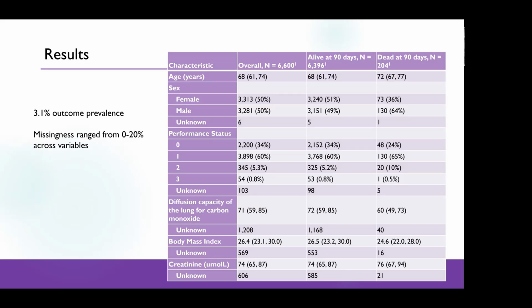We had 6,600 participants, with an outcome prevalence of about 3%. You can see from the table that missingness ranged from 0 through to around 20% across those different variables. It's quite a spread of missingness, and quite a high proportion of missingness if you consider all of the rows combined. So if you do a complete case analysis of that, it's dropped quite significantly.